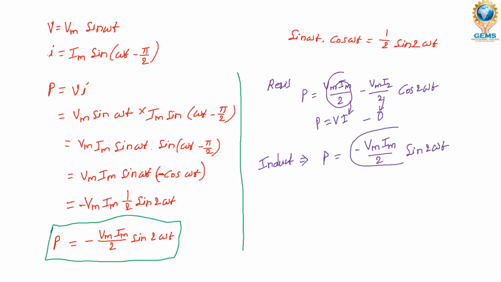This is a fluctuating value, whose average is 0. So power in an inductive circuit will become 0. Okay.